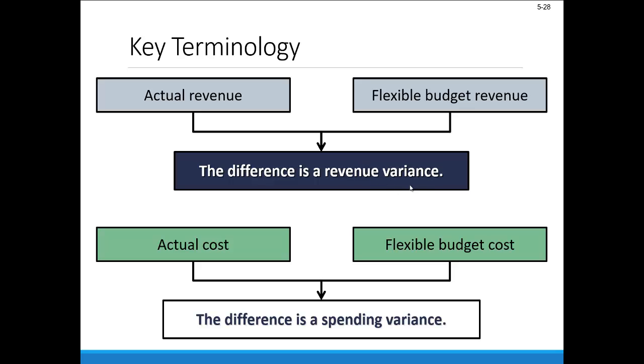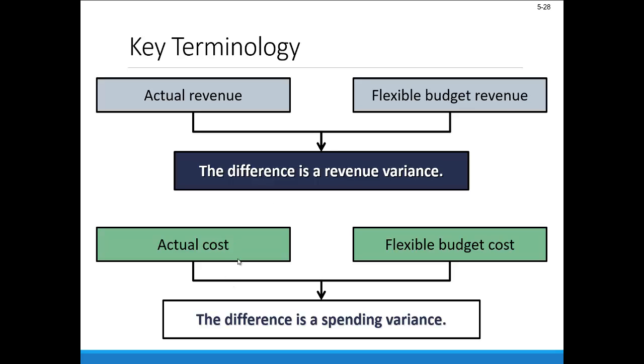Also worth pointing out real quick here, there's a difference between a revenue variance and an activity variance for revenue. So not to muddy the waters there, but we can have a revenue variance by comparing our actual revenue to our flex budget revenue. And we can have an activity variance for revenue by comparing the flex budget revenue to our planning budget revenue, okay, as we did in the previous video.